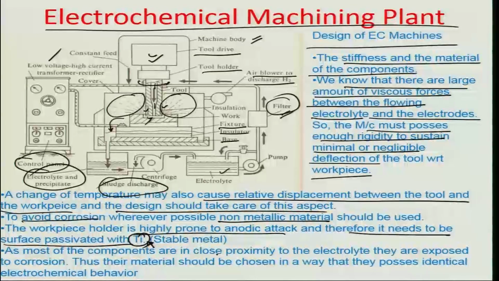As most of the components are in close proximity to the electrolyte, they are exposed to corrosion, so it is a good idea to choose the material in such a manner that wherever there are non-working zones in the machine, they have a shielding overall from the electrolyte.